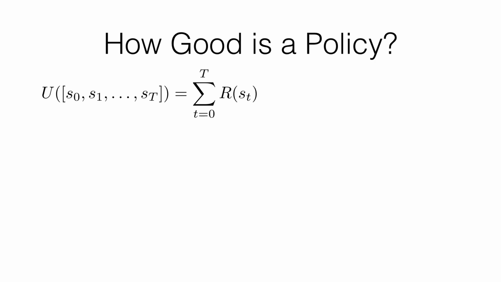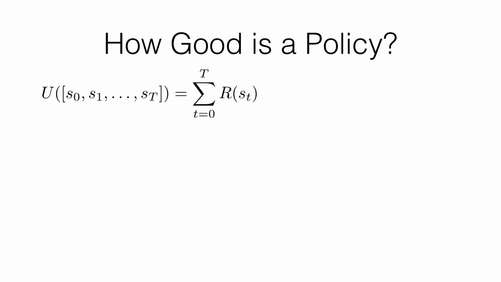One of the problems is that what I've written here is that the sequence of states that you reach goes from 0 to t. So there's t states in this sequence. In many settings, we want to consider agents that operate indefinitely, right? So they operate forever. They just run around in the environment and try to collect rewards, and they are rewarded for living in the good states and avoiding the bad states.